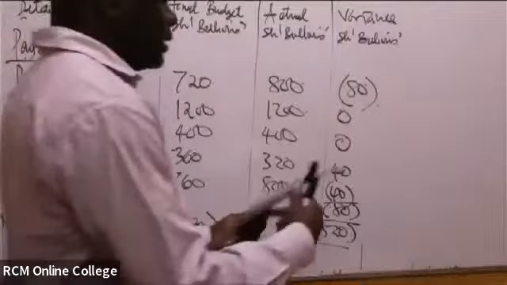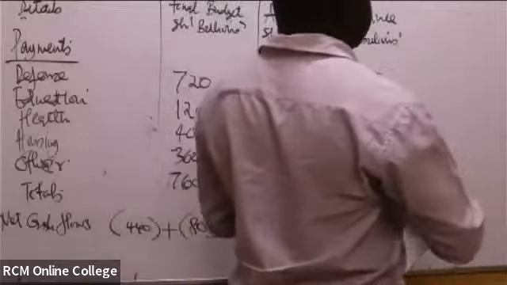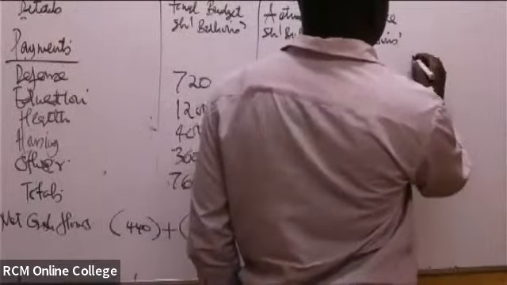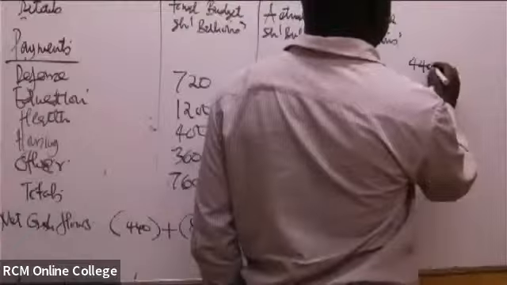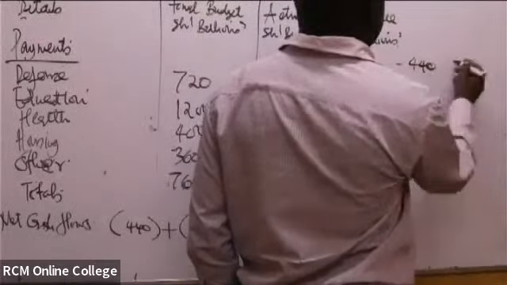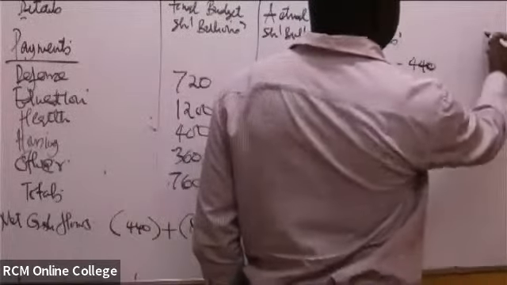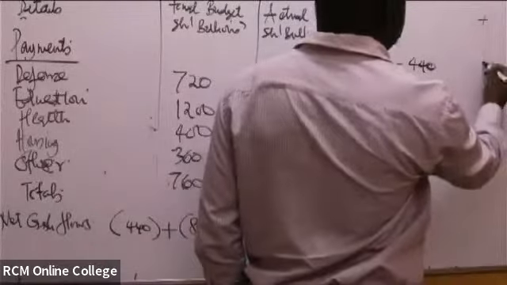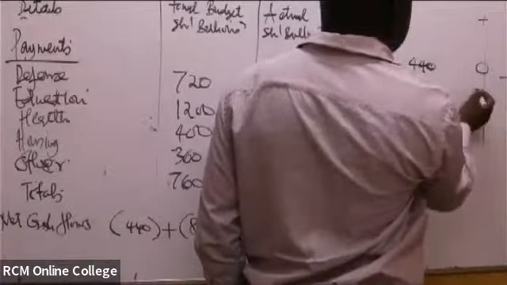You already have in this case negative 440, so you'll further be going in the negative. Let's say, for example, the positive basically starts from here. This is the 0, so this is the positive, this is the negative.